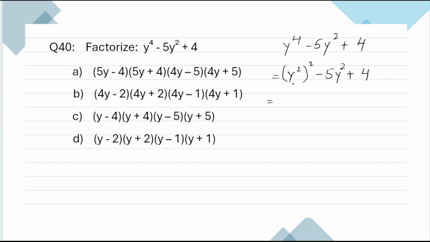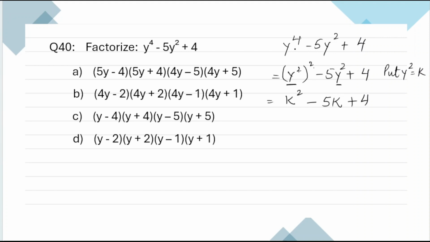Now this y square and this y square, I can put as k. So put y square as k. Then this square is still there, so it becomes k square minus 5k plus 4.